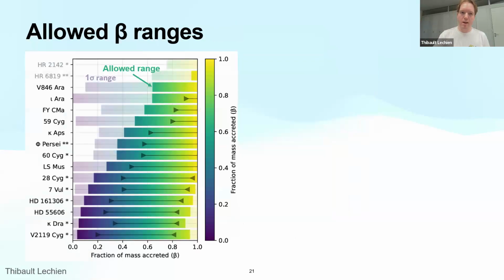And so if instead of just plotting the lower bound, we plot the allowed range of mass transfer efficiencies for each of these systems, we get something that looks like this, where the allowed range is bounded from below by our lower bounds. There's a 1 sigma range plotted here in transparent, which allows for the observational uncertainties.